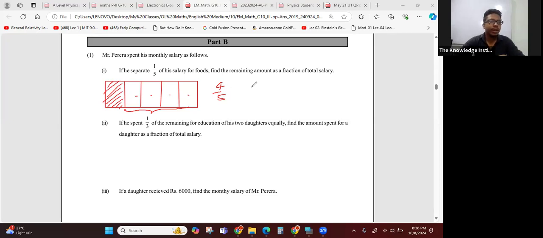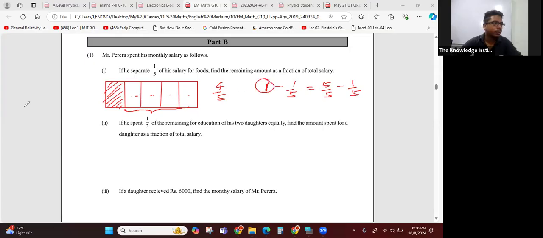By the way, how do we find that? If you want to get this, the whole means 1. You have to subtract 1 out of 5, right? So 1 is complete, which means 5 out of 5. So here 5 out of 5 minus 1 over 5. Here you can see 5 divided by 5 is 1, right?